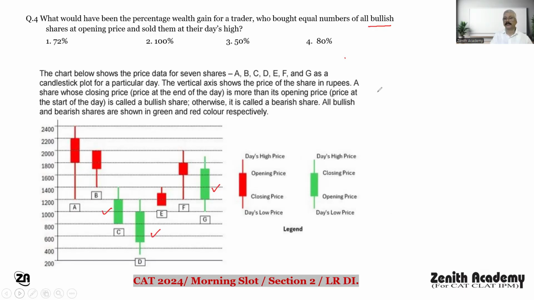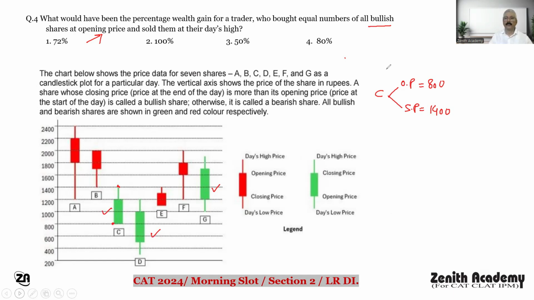So for share C, he bought equal number of all bullish shares at opening price. So here the opening price is this 800, and sold them at their day's high. So here day's high is this 1400. Selling price is 1400.